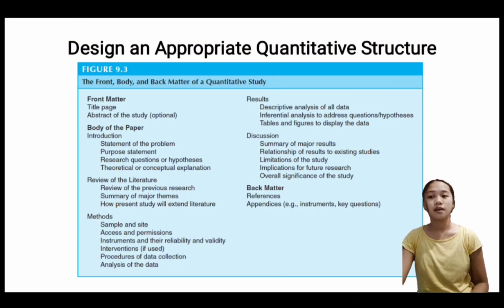Next is the method. This is where the collection of data takes place. You will use methods like surveys to gather information, samples, and cite references related to the study. Also, there are certain things that you need to have access to and ask permissions for before proceeding.